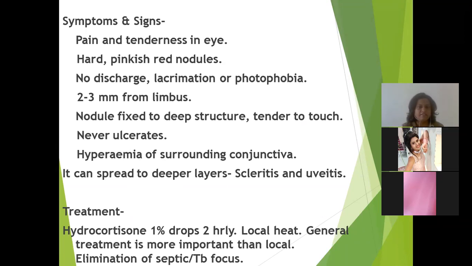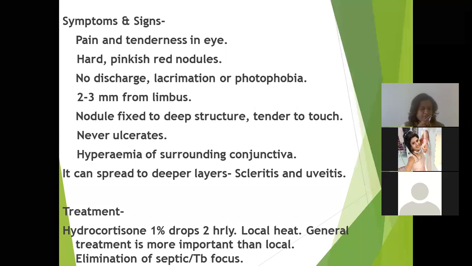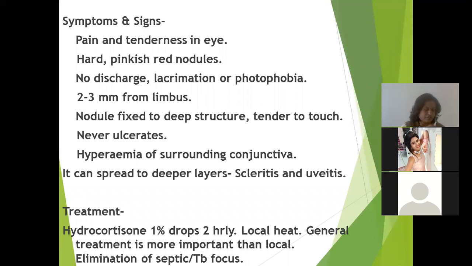This is a complication of episcleritis, that it can spread to a deeper layer, so it can cause scleritis or uveitis. Recurrent attacks: episcleritis periodica fugax, chronic episcleritis, deeper extension into the sclera leading to scleritis, then sclerokeratitis, adherence of conjunctiva with the sclera after repeated attacks.